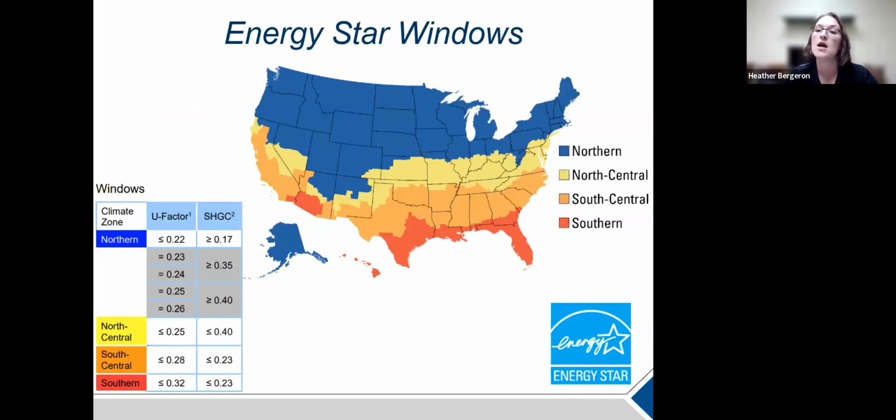Obviously, if you're in the northern part of the U.S., you can clearly see that there are different U factors and solar heat gain coefficients that will be based on your climate zone. And if you're in southern states, whether that is south central or the southern part, you can see where your solar heat gain coefficients and your U factors are based on that climate zone.